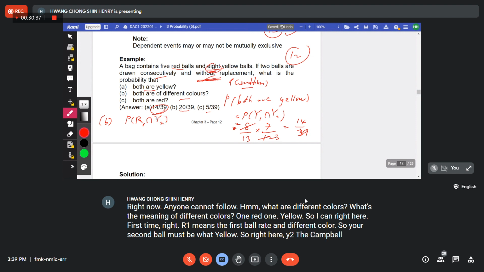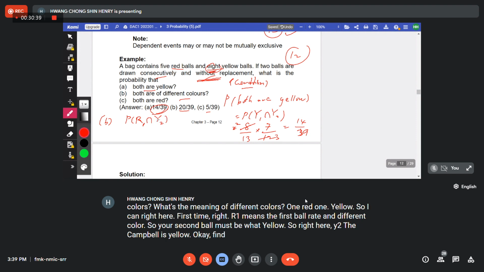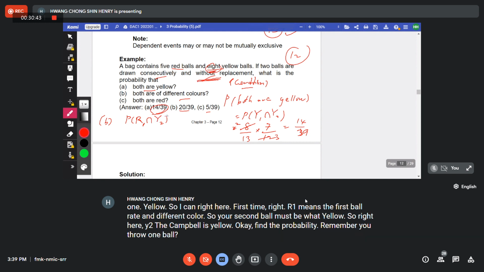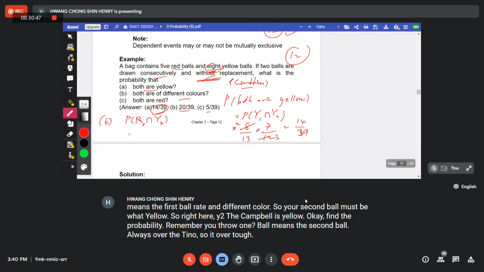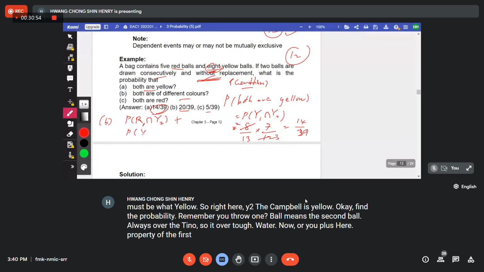The second ball is yellow. Okay, find the probability. Remember, you throw one ball, so the second ball is always over 12, not 13. Over 12. Okay, now, or you plus. Probability of the first ball is yellow, and the second ball is what? Red.